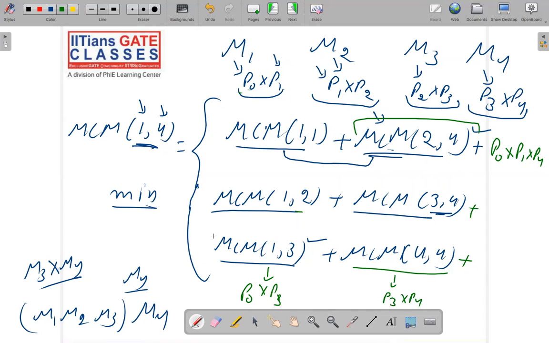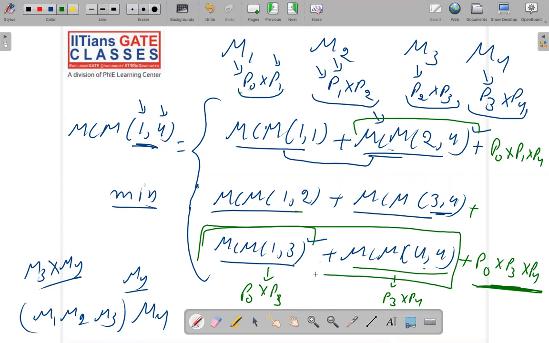So I know that once I have the cost for this one, I multiply this with M4 and I have a fixed cost here, P0, P3, P4. This won't go anywhere. This will remain here. If I choose to split the matrix multiplication this way, this cost will always be there, right?